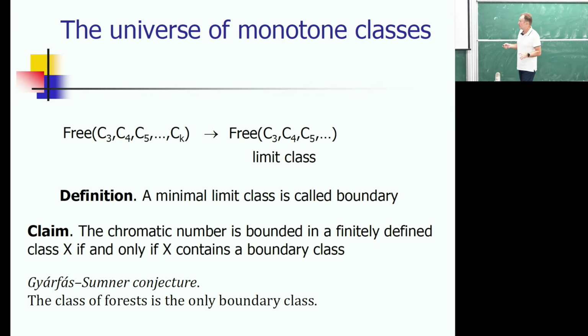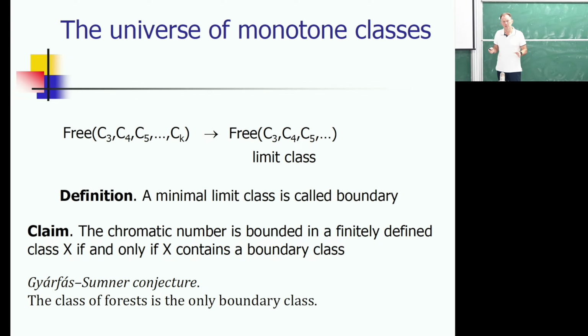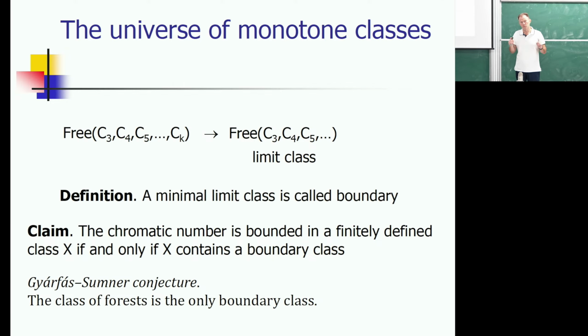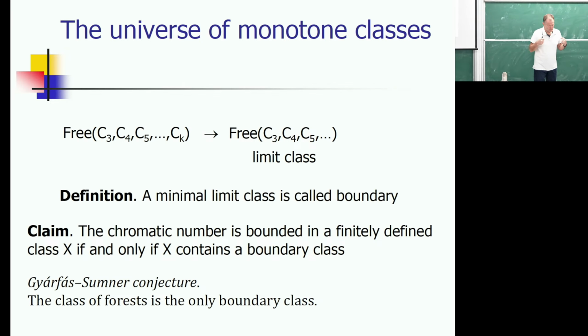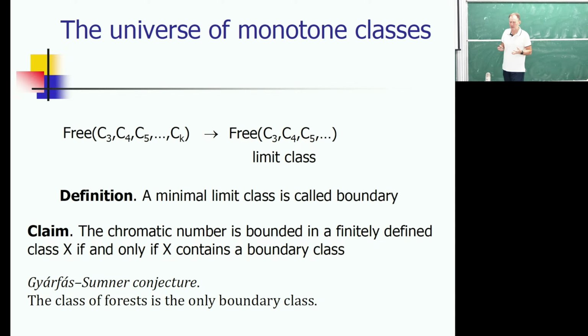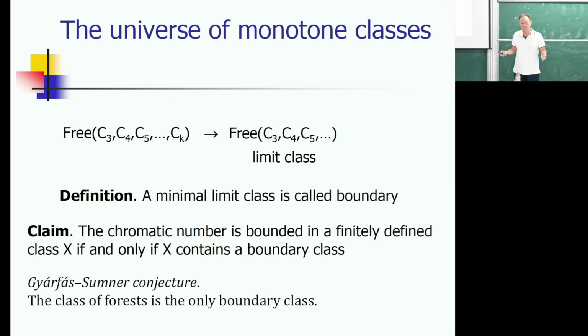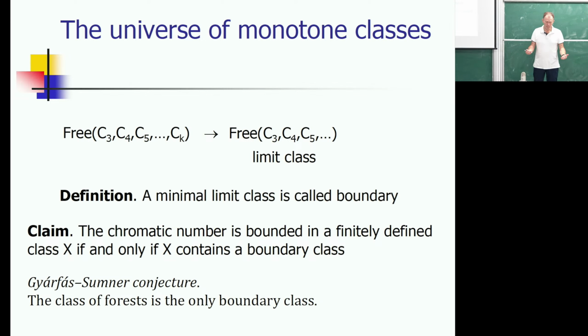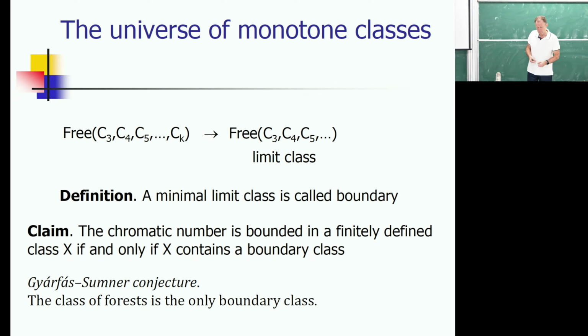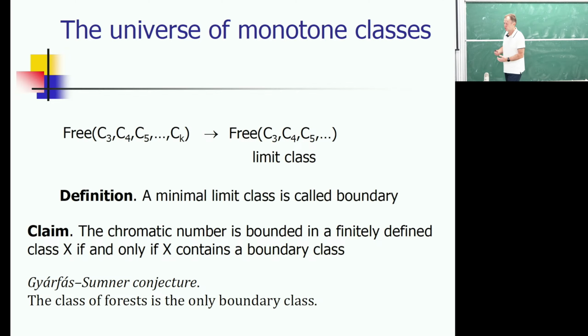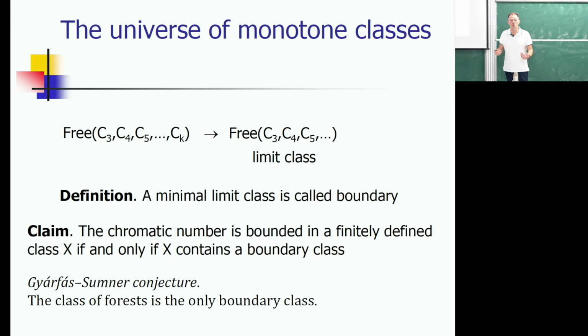What other critical classes exist in the universe of monotone classes? When I asked myself this question, I realized that I cannot find any specific reference to any specific result of this type. But some results of this type can be derived, sometimes easily derived, sometimes with some extra work, from known results.